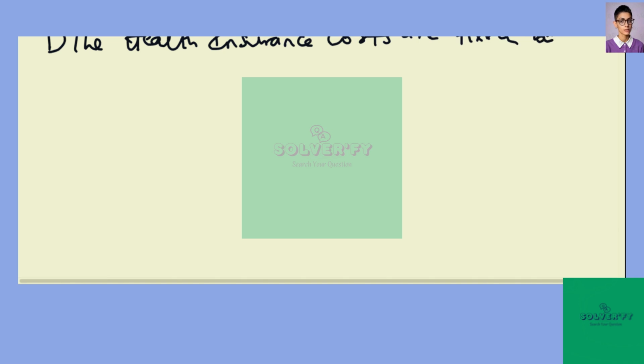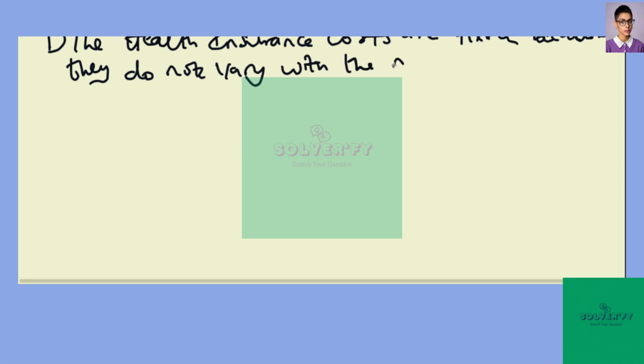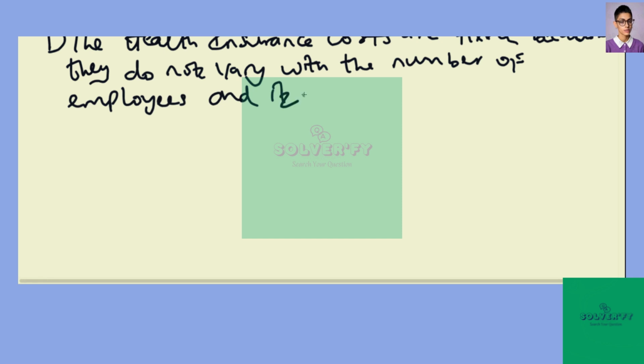So we're going to say the health insurance costs are fixed because they did not vary with the number of employees, and it remains fixed.